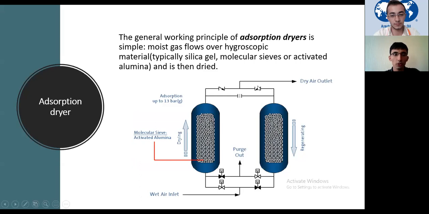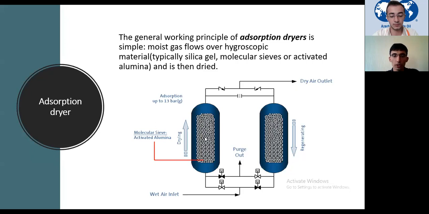So this is called an adsorption dryer. The working principle is that we have some hygroscopic material inside these columns. Sometimes they're called packed beds. The materials inside are called molecular sieves. They are small particles with many small pores that can absorb the water.